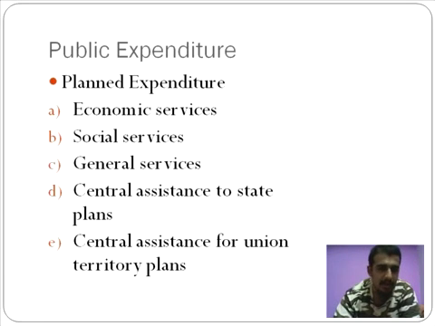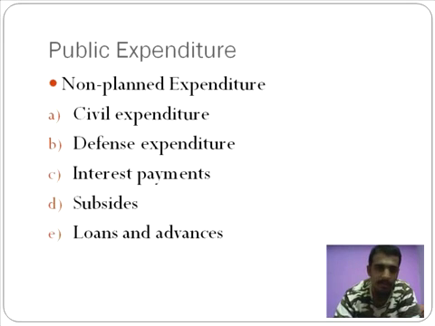Now, apart from planned expenses, the other type of expenses you come across are the non-planned expenses. The first one is civil expenditure. A good example of civil expenditure would be maintaining law and order. If you consider situations in India where riots happen, you don't really know when they might occur and to what extent.